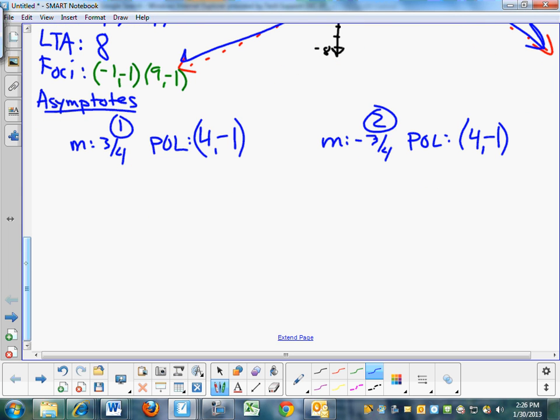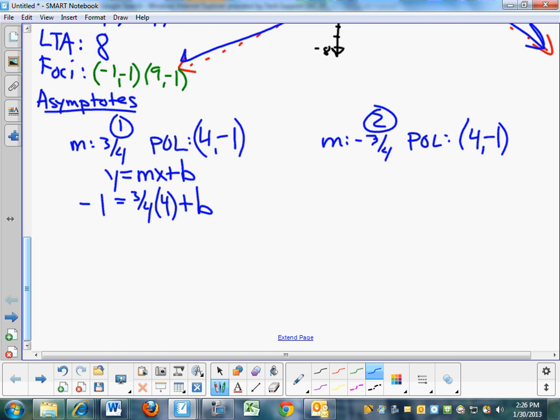Write an equation for a line. y equals mx plus b. What is our y value? -1. m, 3/4. x, 4. b, we don't know.